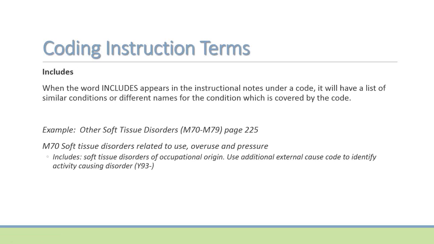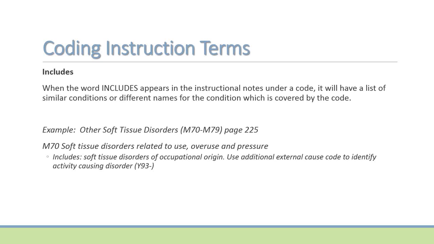When the word includes appears in the instructional notes under a code, it will have a list of similar conditions or different names for the condition covered by that code. For example, other soft tissue disorders, M70 to M79, page 225. M70 is soft tissue disorders related to use, overuse, and pressure.